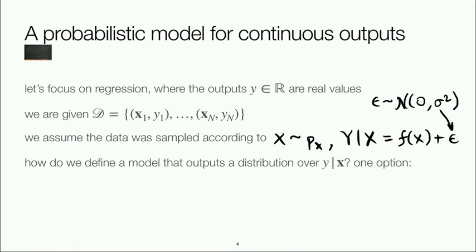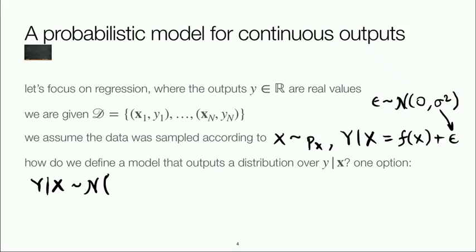So then the question that we can ask is, given this setup, how might we define a probabilistic model that outputs a distribution over y given x? Well, one potential option, which is pretty simple, is that we could model y given x with a Gaussian distribution where the mean comes from this model that I'm learning.